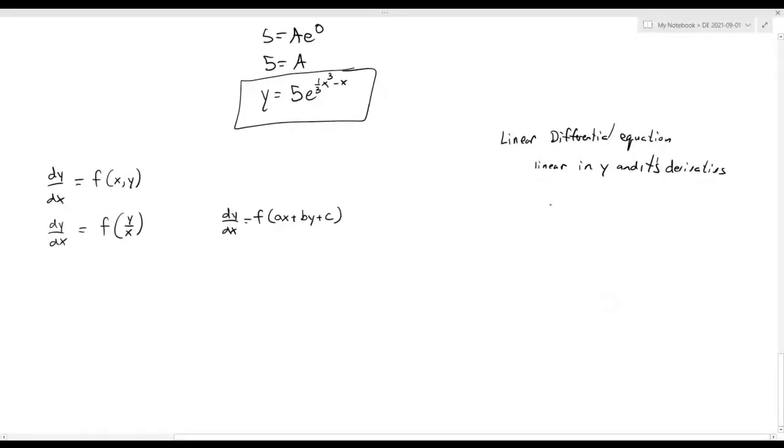In other words, if you have y or y prime or y double prime later on and so on, those things cannot be put into functions, right? They can't be squared, they can't be square rooted, you can't have y times y prime. The only thing you can do to y and its derivatives is multiply them by functions of the independent variable x.